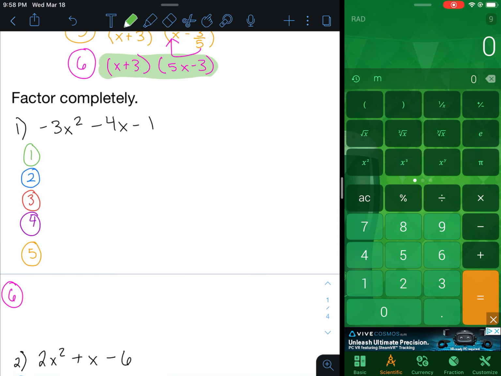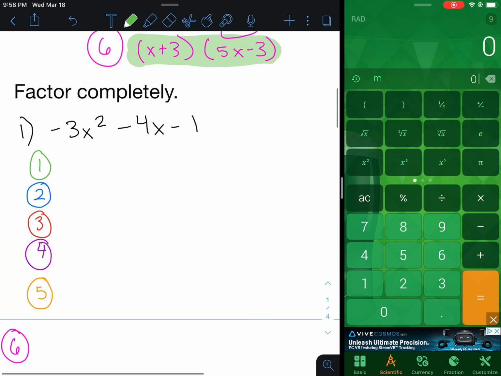If we are looking at this one here, the first step is to factor out your greatest common factor if possible. Like I said earlier, if you have a negative value, you really want to factor out that -1. That way everything flips signs and it makes it just a little bit easier to factor, and remember that you don't have to divide by the -3 at the end. You're just dividing by 3.